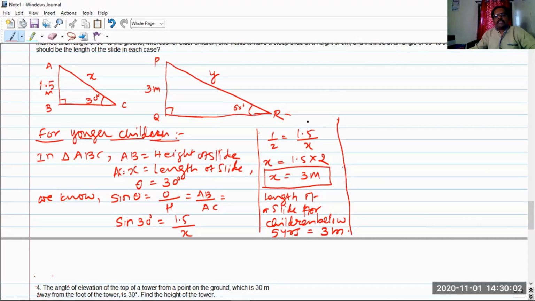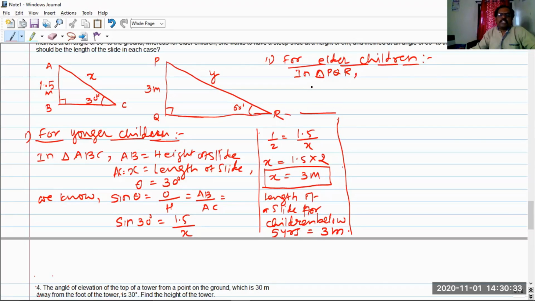Here you are given the larger one. The second case is for the elder children. The length of the slide we need to find for elder children. For that, we consider the triangle PQR.